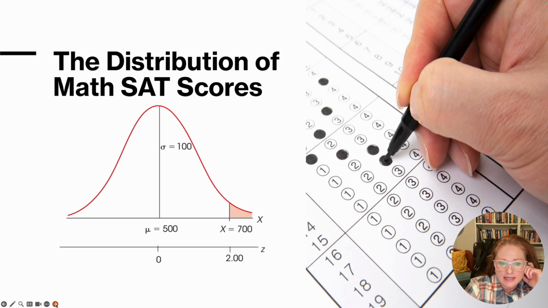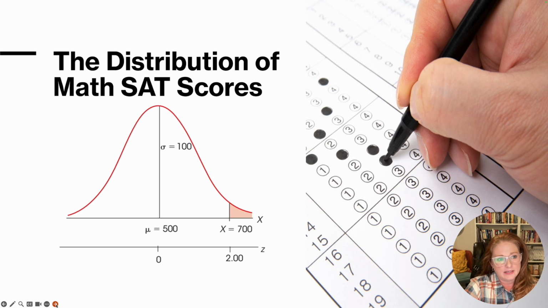So if you score in the 700 range, what we're saying is, yes, you're good at math. You're good at scoring well on the math assessment. But more than that, you are 2 standard deviations above the mean, better than your peers in that year in math.